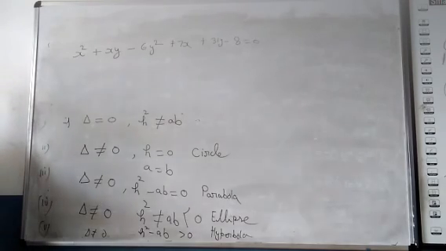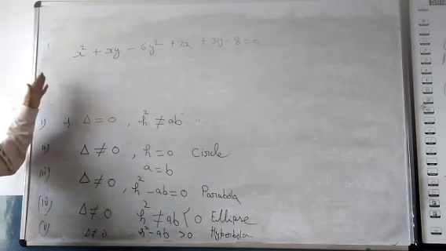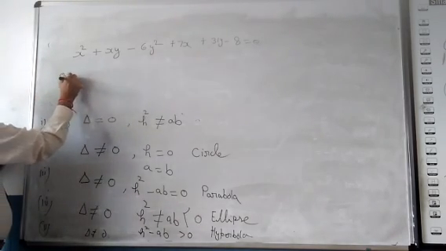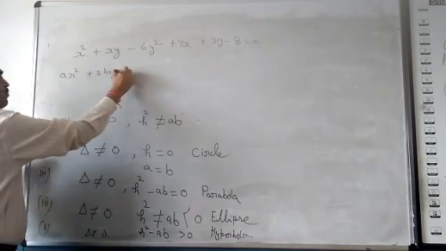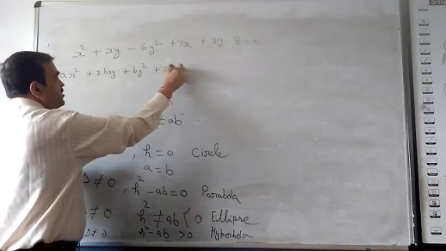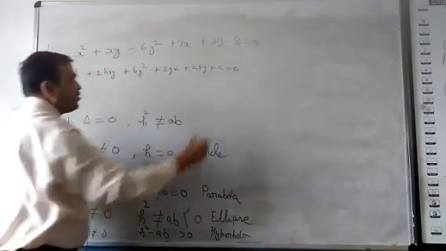First, write down the general equation of straight line in second degree: ax square plus 2hxy plus by square plus 2gx plus 2fy plus c equals to 0.